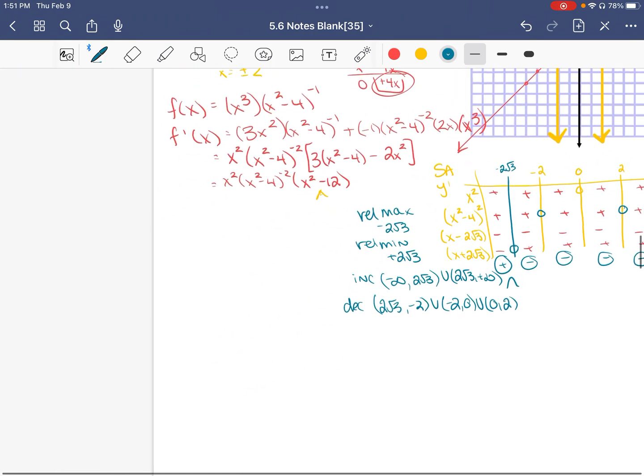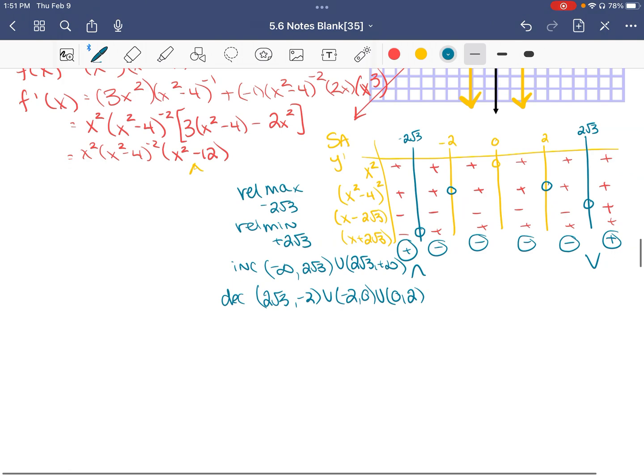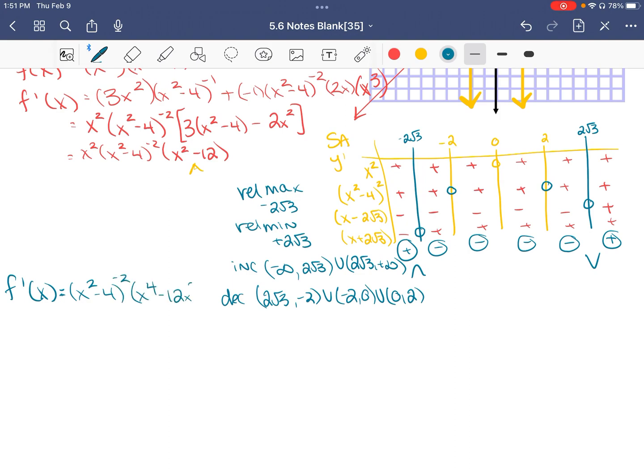Now we want to check our second derivative. Again, to make your life easier, rather than having the triple product rule, you can always multiply those coefficients back in. So f prime of x currently looks like, for me, x squared minus 4 to the negative 2 times x to the fourth minus 12x squared.